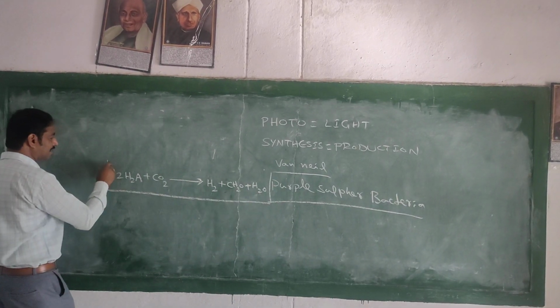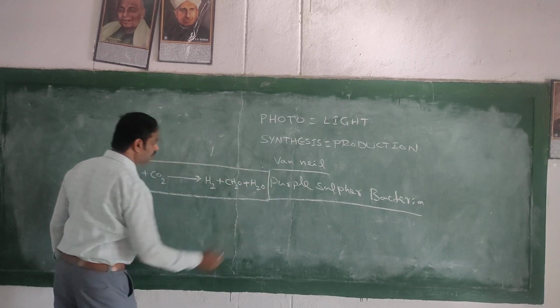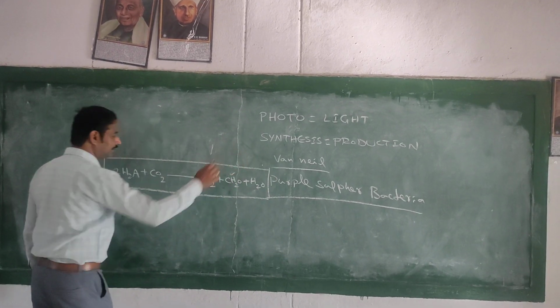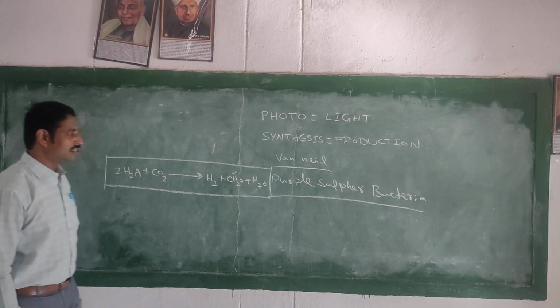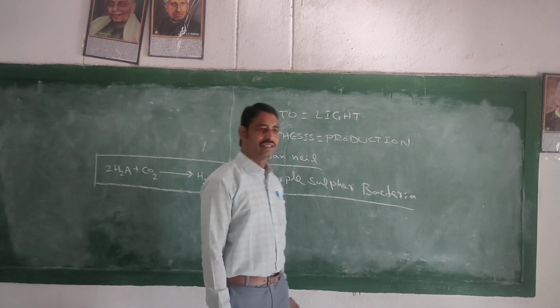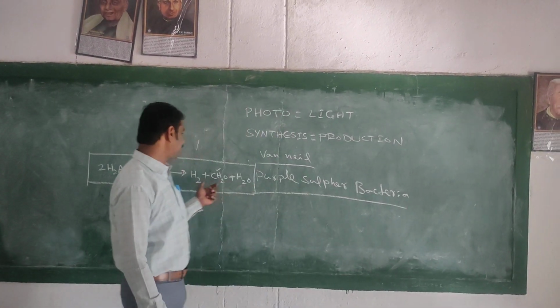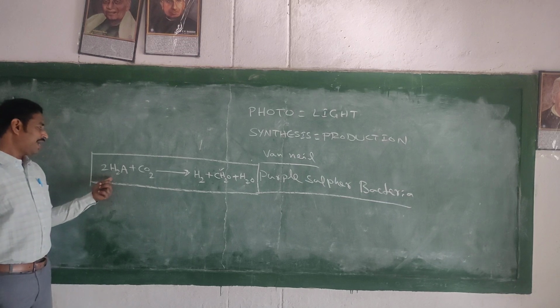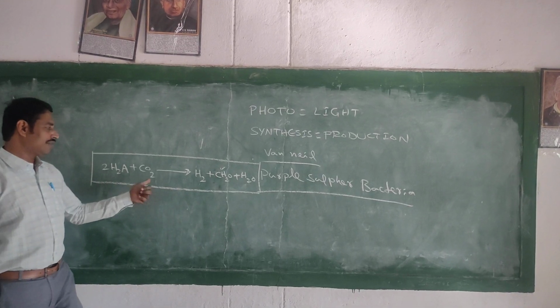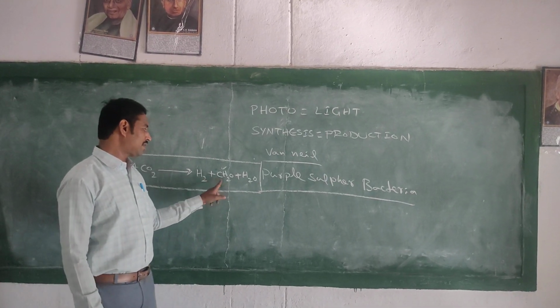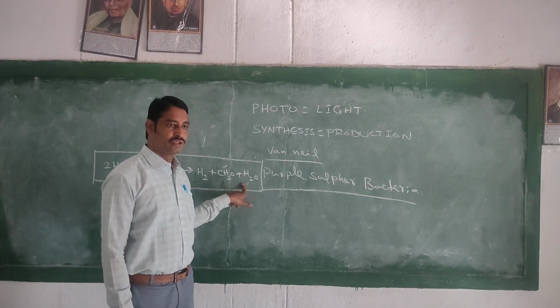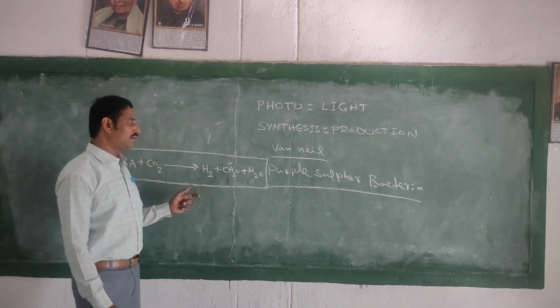Here carbon dioxide is reduced to form a sugar. So this is the Van Niel actual equation.